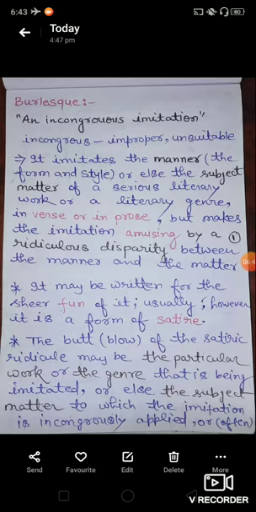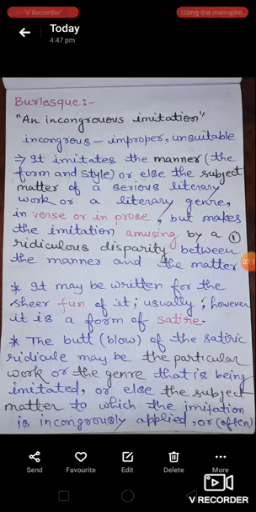Then, the butt, B-U-T-T, of the satiric ridicule may be, what is butt? This blow. Smashing someone. So that blow, that butt, the butt of the satiric ridicule may be the particular work or the genre that I have told you earlier also.